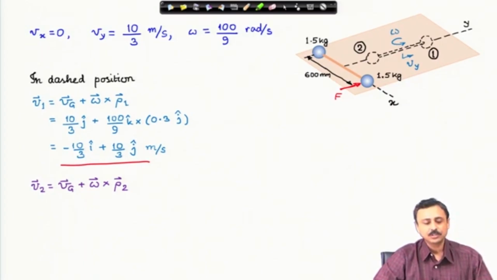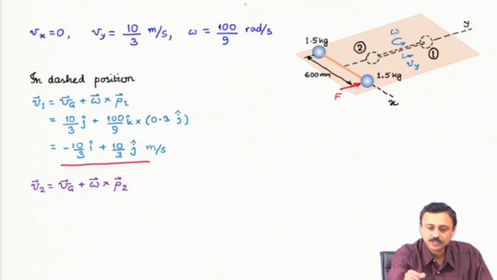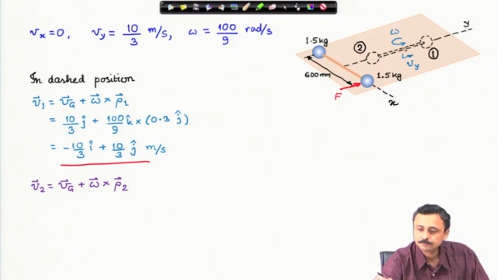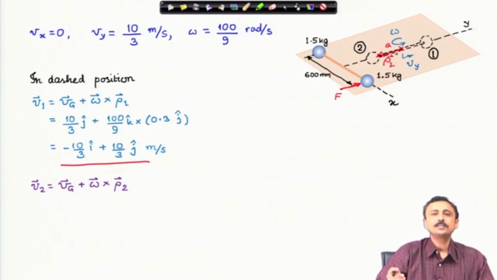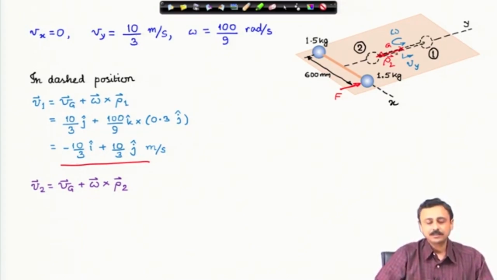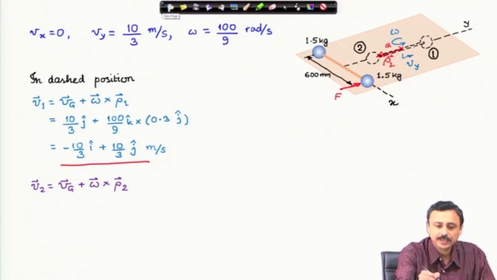Velocity of particle 2 is velocity of center of mass plus omega cross rho 2. Now, rho 2 is this vector from the center of mass, this is the center of mass, and rho 2 is this vector, and since it is in the negative y direction, it is minus 0.3 j cap.